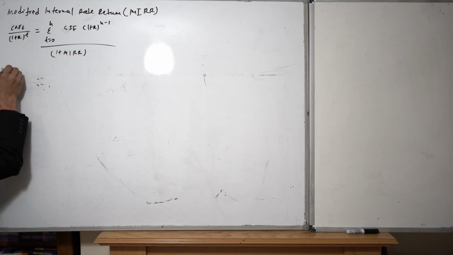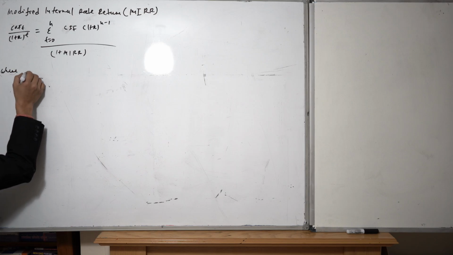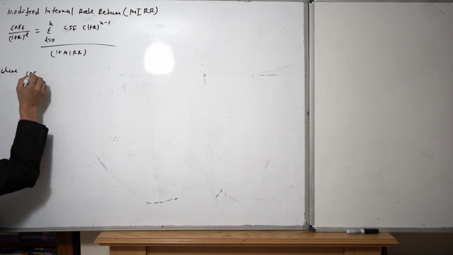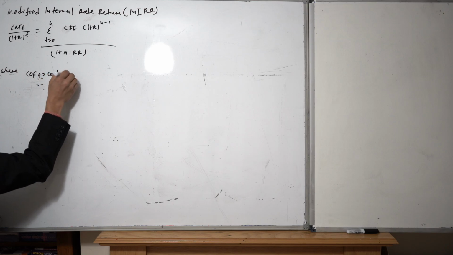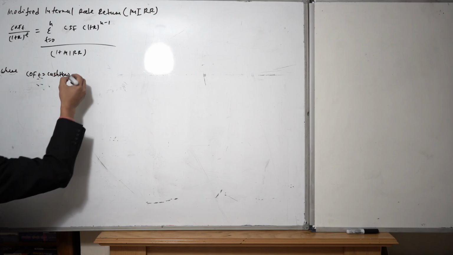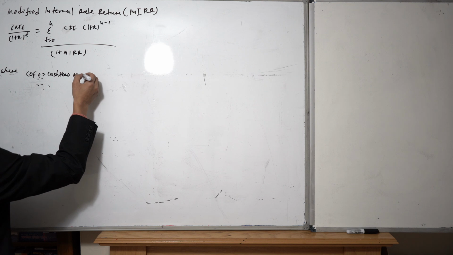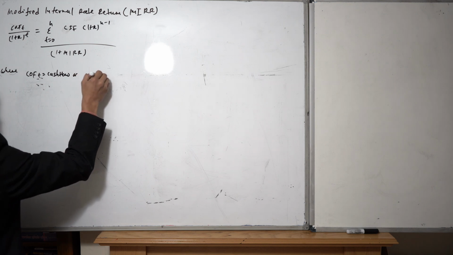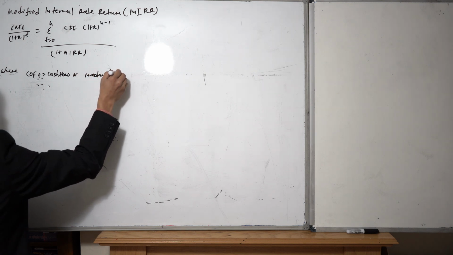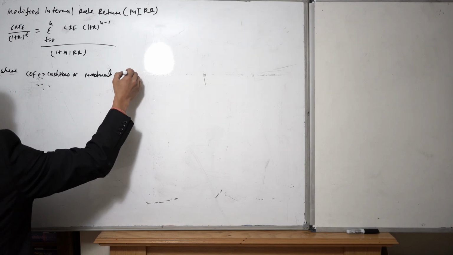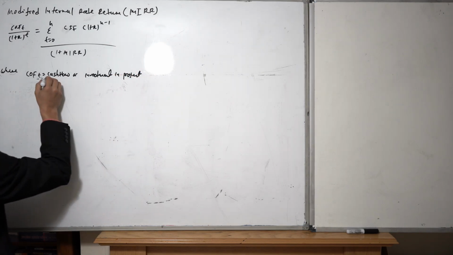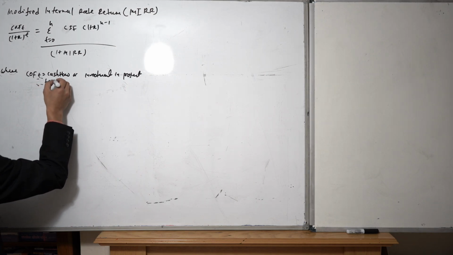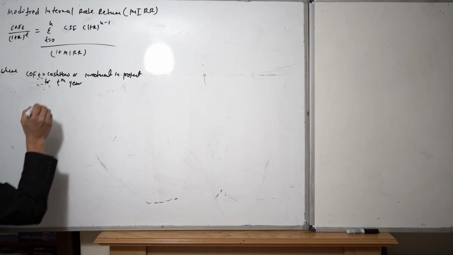where COF t is equal to cash flow or investment in project for the t-th year.